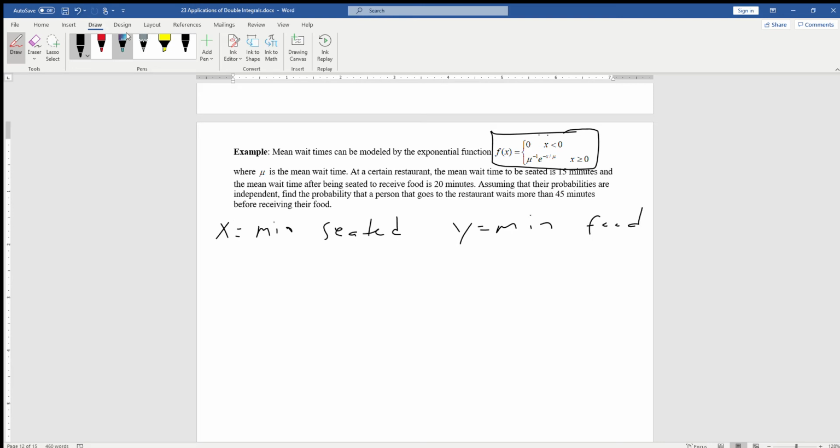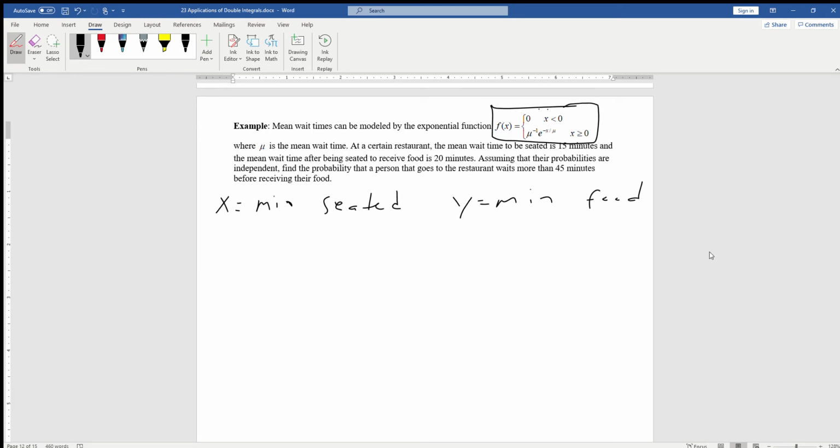In this case, let's just assume that x is greater than or equal to 0 because we can't have negative time. So f of x is going to be equal to, since it's 15 minutes on average to be seated, 15 to the minus 1 e to the minus x over 15. And that's going to represent the density function for the minutes to be seated.